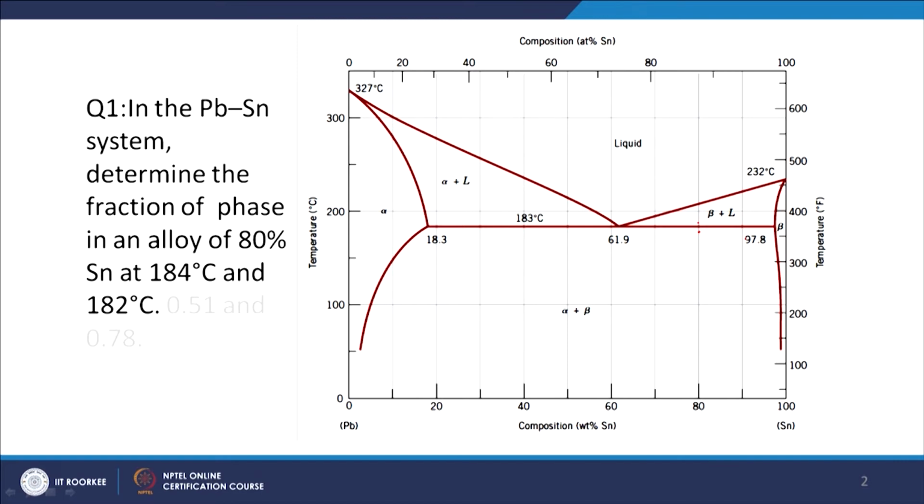This is 80 and this is 18.3. So, the beta phase will be 80 minus 18.3 divided by the total distance, that is 97.8 minus 18.3.